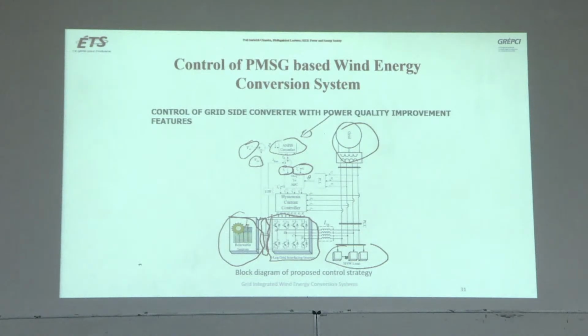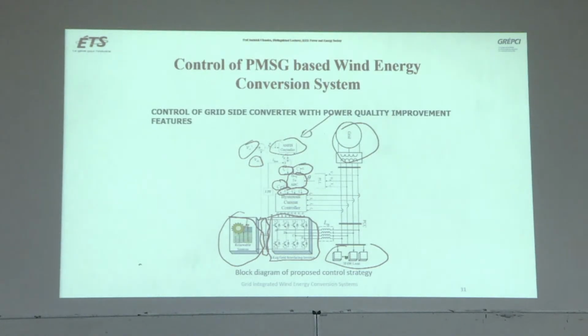Unity power factor, okay, and then DQ to ABC currents and neutral current, to compensate the neutral current on the grid also. Okay, you have measured VA, VB, VC, and then you have measured the 4 currents here, and then the control for this is produced.